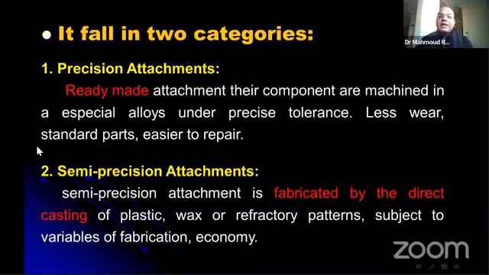The semi-precision attachment is fabricated by direct casting of plastic, wax, or refractory patterns, subject to variables of fabrication and economy. It is very easy and very cheap to make for your patients. You don't need to buy any parts from the attachment company.